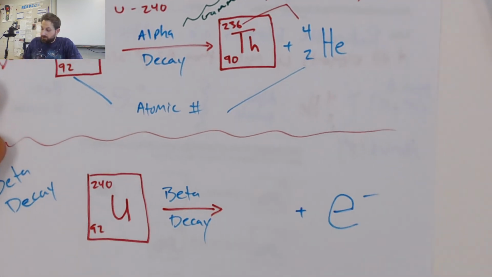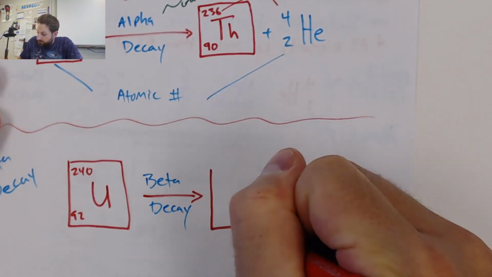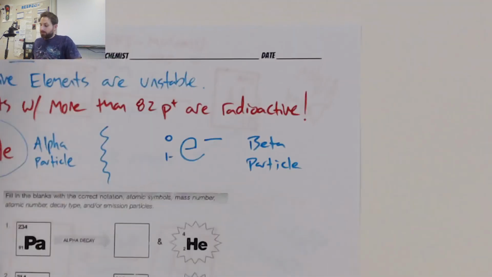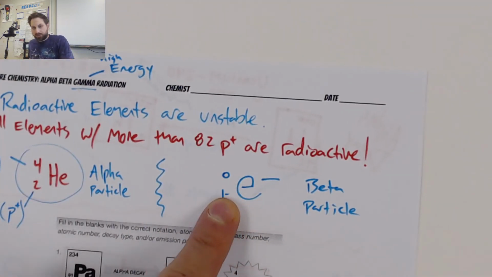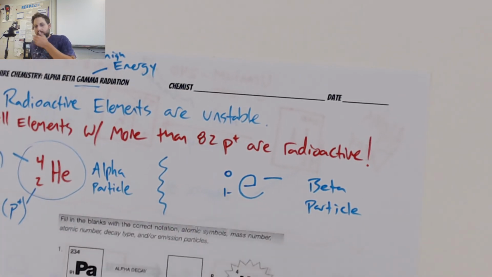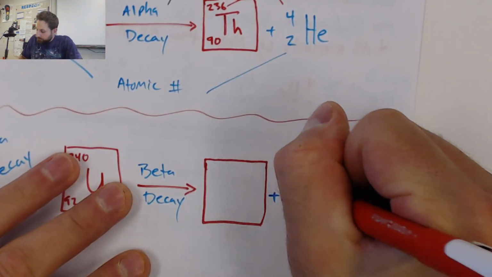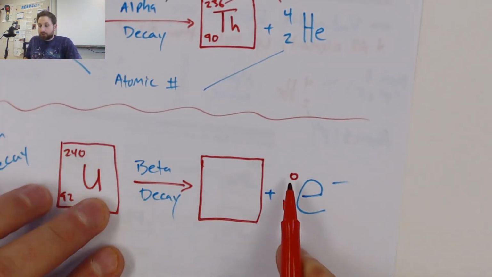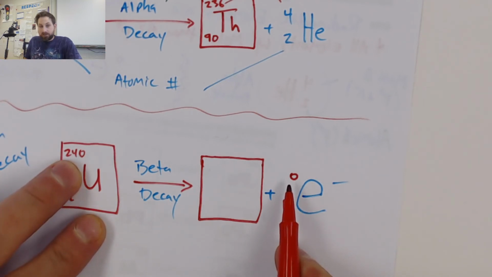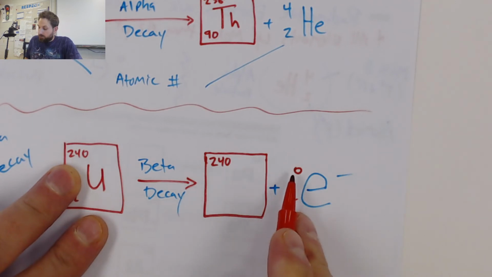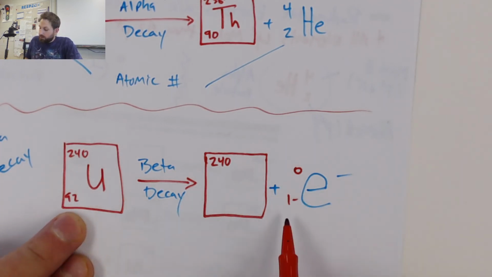This is kind of crazy. All right, we're trying to figure out what new element we are making. On the front of this, I had this kind of going on. All right, so that's kind of weird. So that means that the total number of particles is not going to change, because 240 plus 0 is 240.